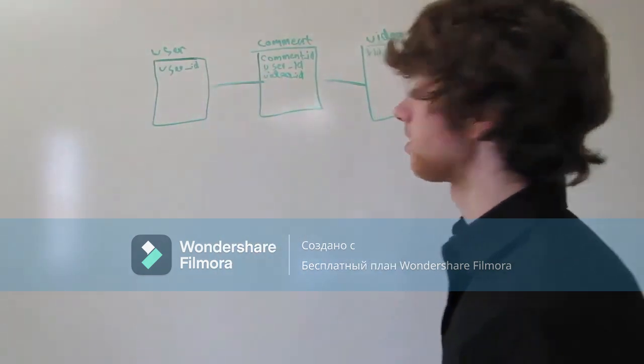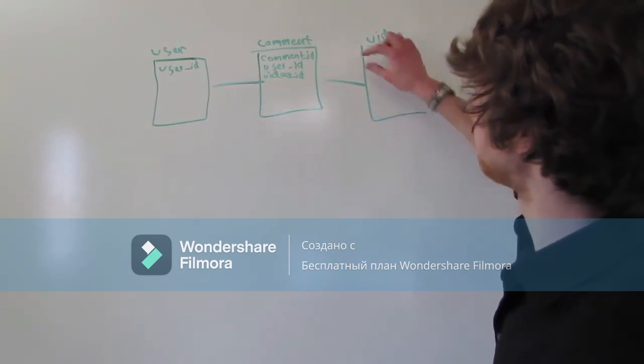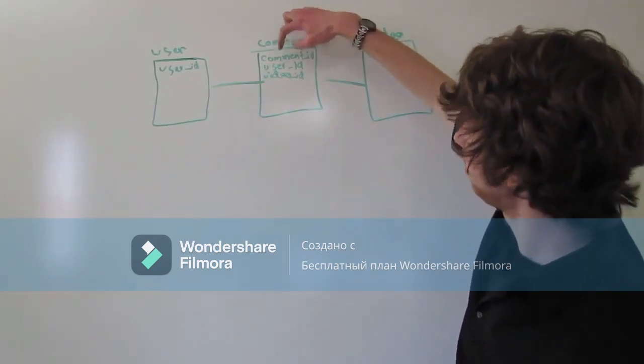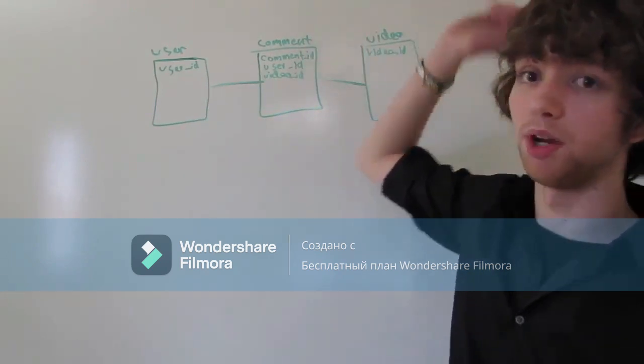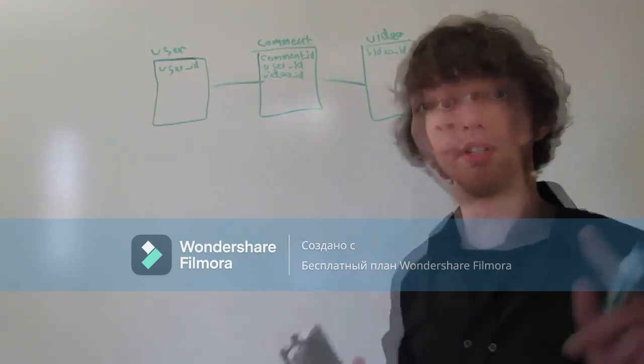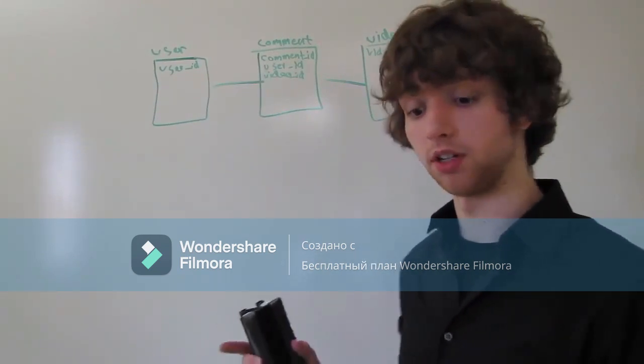Now if you think of this as a many-to-many relationship between the user and the video, you could potentially get rid of the comment ID and just use the combination of user ID and video ID. But that is not the best way to do it. One user could post multiple comments on one video.